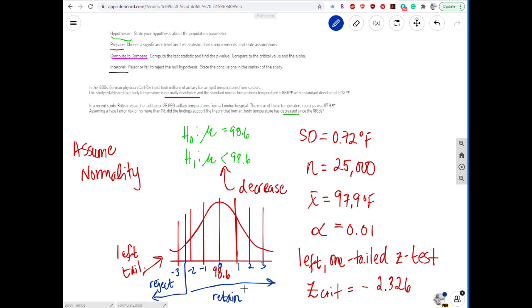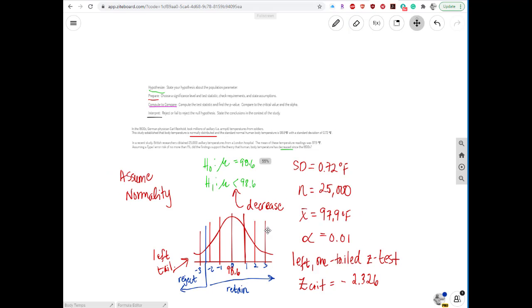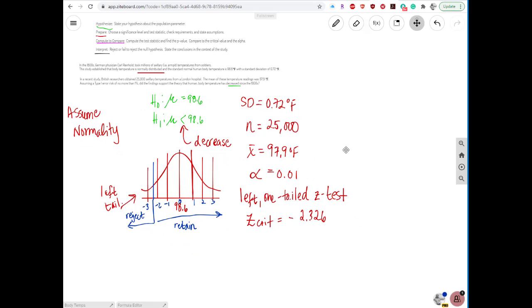Looks great. Okay, now I need to know where is my standard error, right? I have my standard deviation, so that makes it really nice because I can use the standard error formula, which is so much more simple than the proportion one.